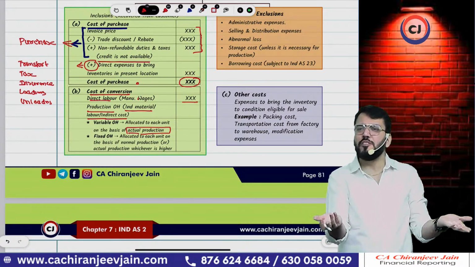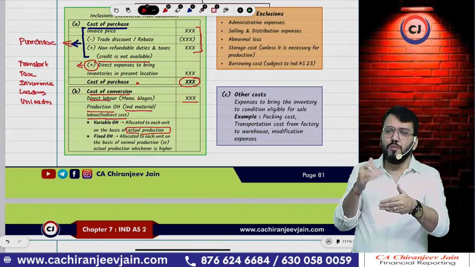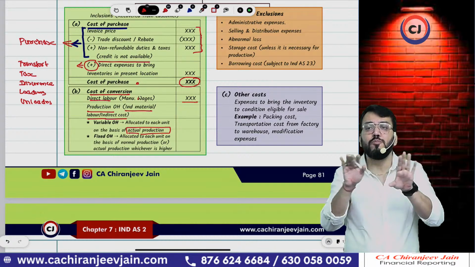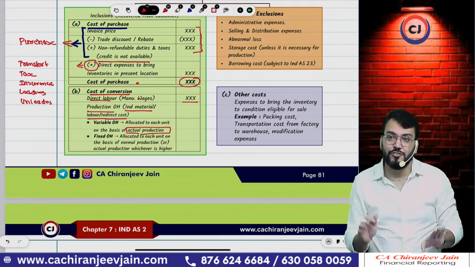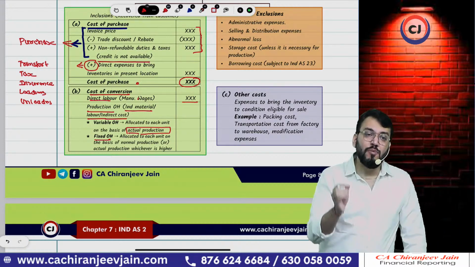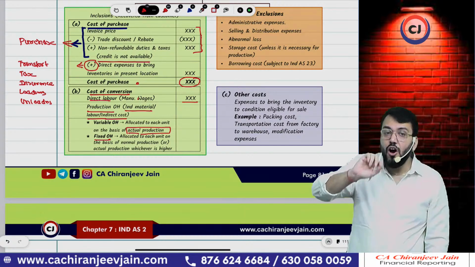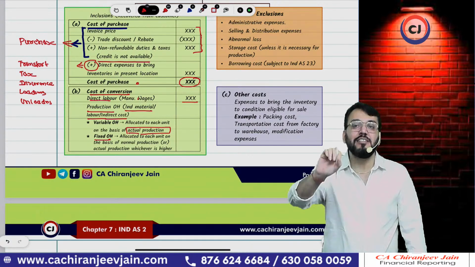Therefore, it is always based on actual production. Whatever variable overhead you need to allocate should always be based on actual production. But fixed overhead, Ind AS 2 says, will be allocated based on normal production or actual production, whichever is higher.